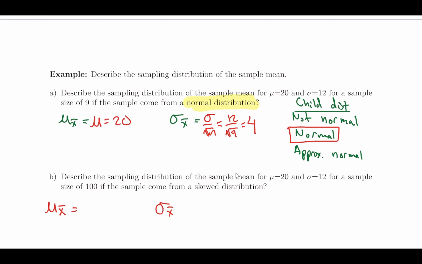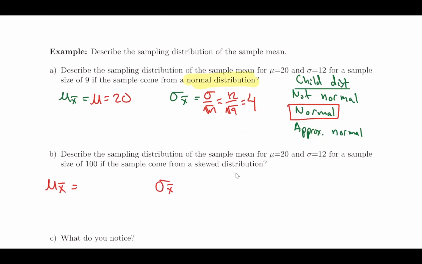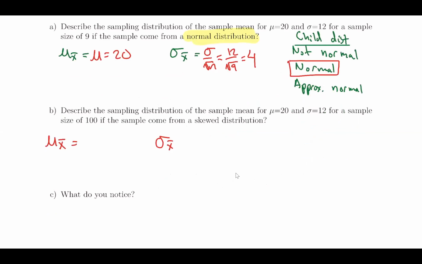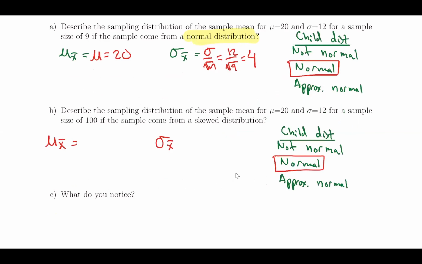And I wanna be lazy, so I'm gonna copy this. All right, so what is my mu of x bar equal to? 20, good job. All right, what was sigma of x bar equal to?